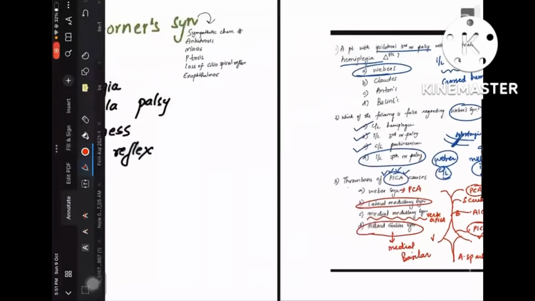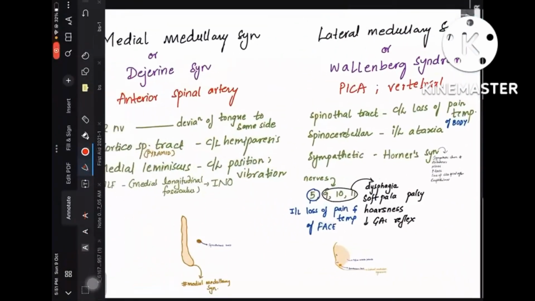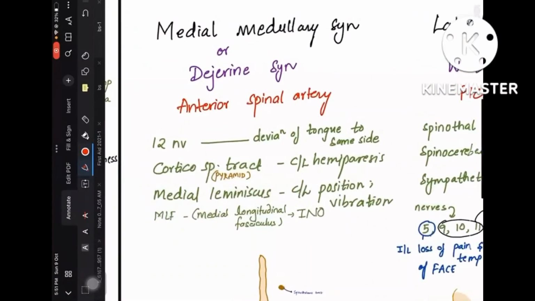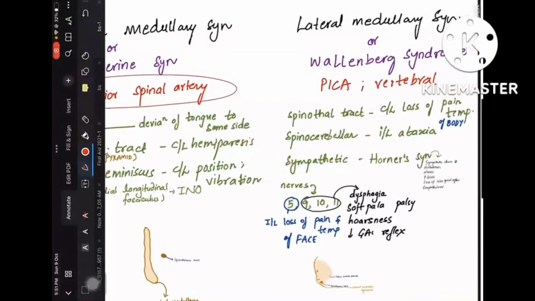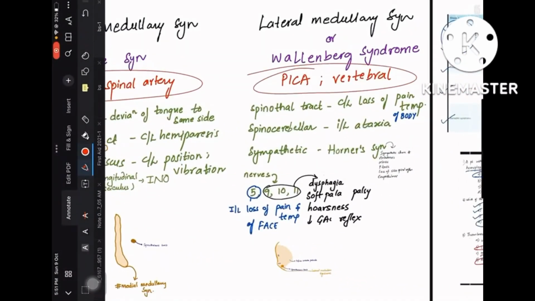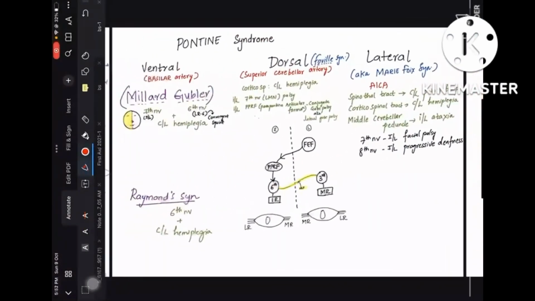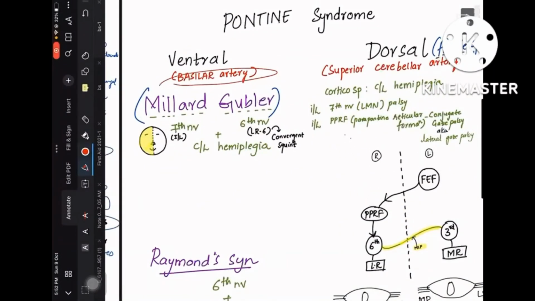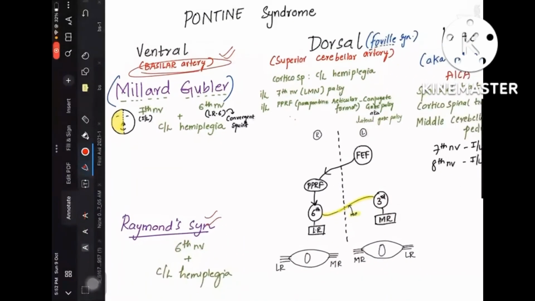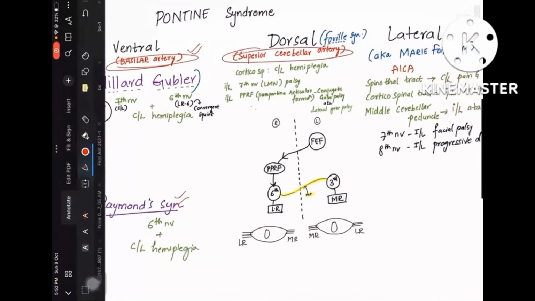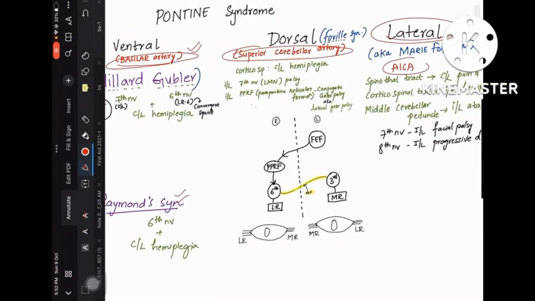I have already written these arteries' names just below the syndromes, guys. See, anterior spinal artery, medial medullary syndrome. And lateral medullary syndrome is PICA or vertebral artery. Coming to the pontine syndromes, basilar artery is for the medial ones, that is Millard Gubler and Raymond's. And dorsally it is the superior cerebellar artery, which is a branch of the basilar artery, and lateral pontine is AICA.